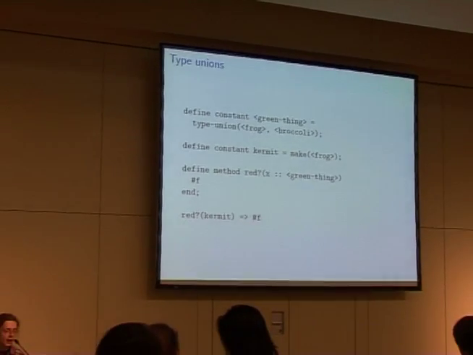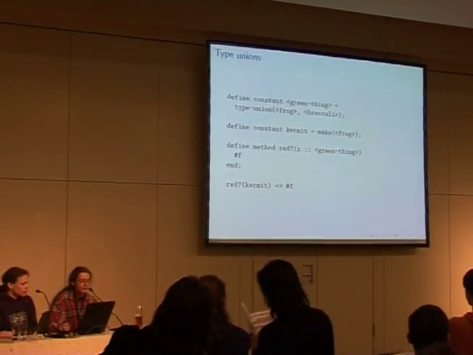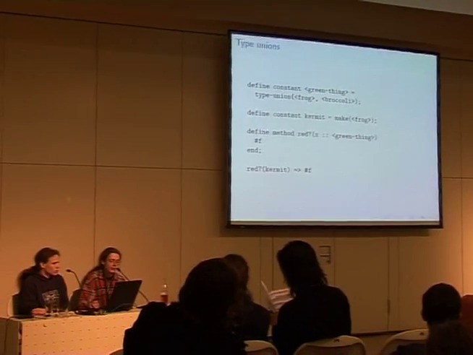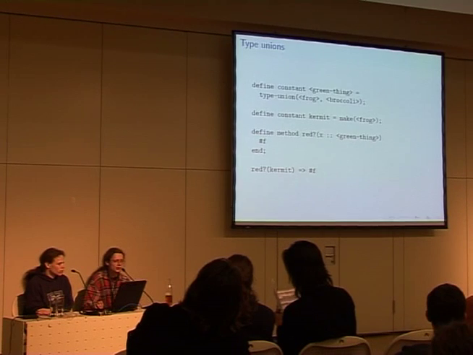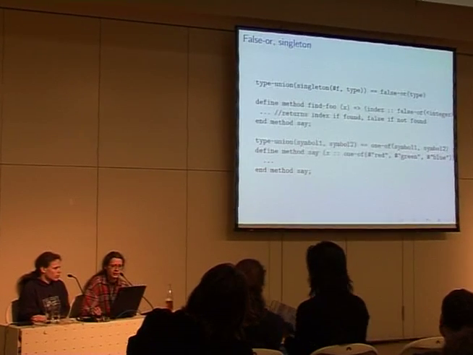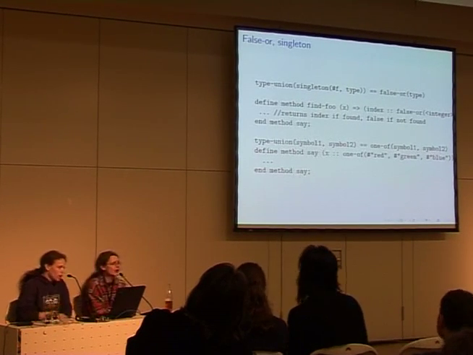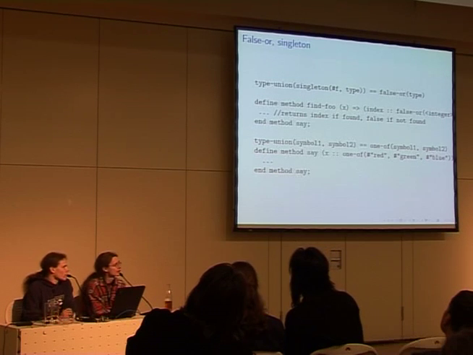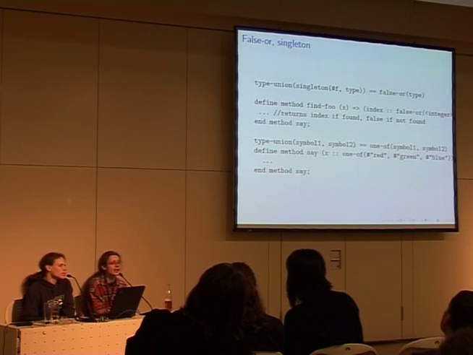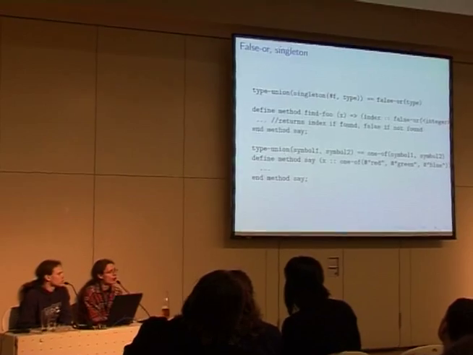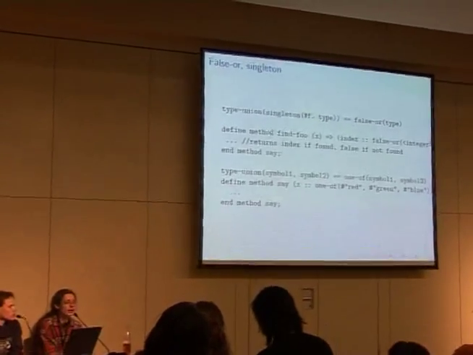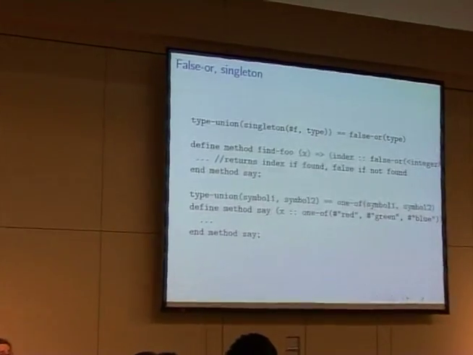So other stuff we have is type unions, and one important type union is, do we have that? We have it here. The false or type union. You often have the problem that you have to reserve one special value as I don't know, or I don't have an answer. Lots of functions in C return -1 for an error.